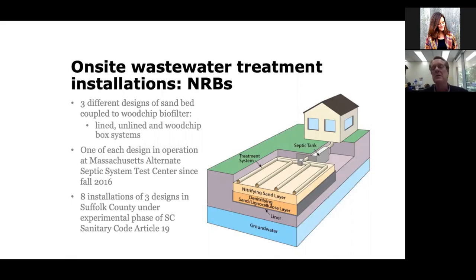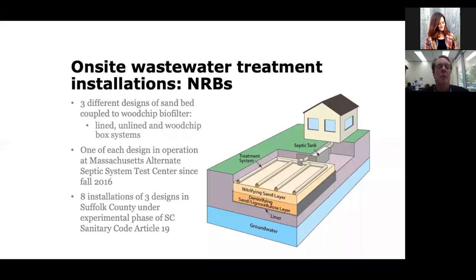Now, because sites are different, they're not all the same, we have promoted 3 different configurations of this basic coupled nitrification, denitrification design. One is a lined system, an unlined system, and one has a wood chip box off to the side.